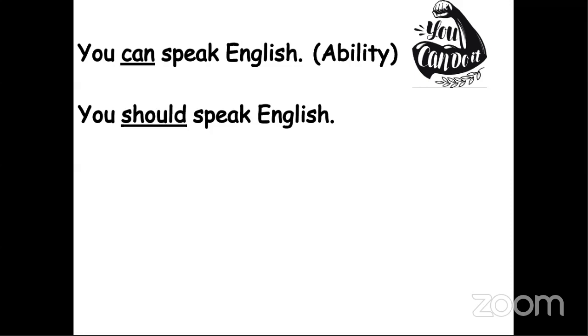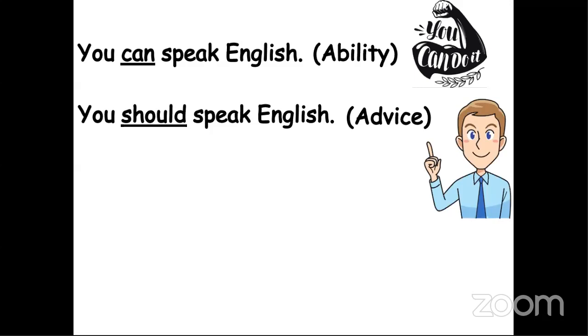But in the second sentence, you should speak English. What is in the speaker's mind? He's not talking about your capacity here, but he's in the mood of giving you advice. He's saying you should speak English, probably for reasons like he may have to attend an interview in some multinational company.